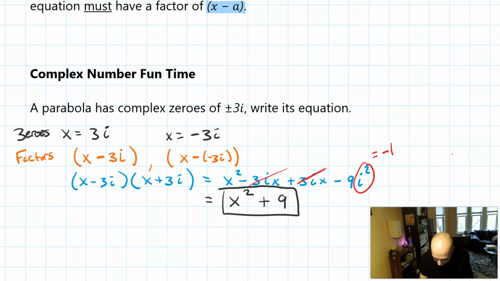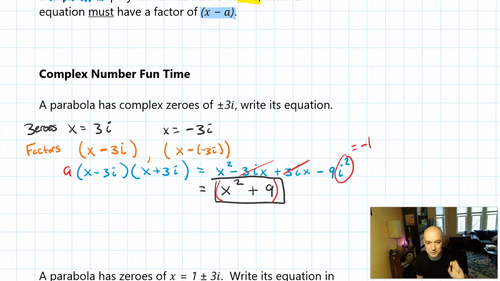Now, technically, I could probably have put a coefficient on here, and then any quadratic a x squared plus 9 would also have the same zeros. You'd need a little more information to solve for that coefficient. But in general, that's how you use factors to find equations: you just set them up and multiply them out, even if those factors are imaginary, which is super cool.